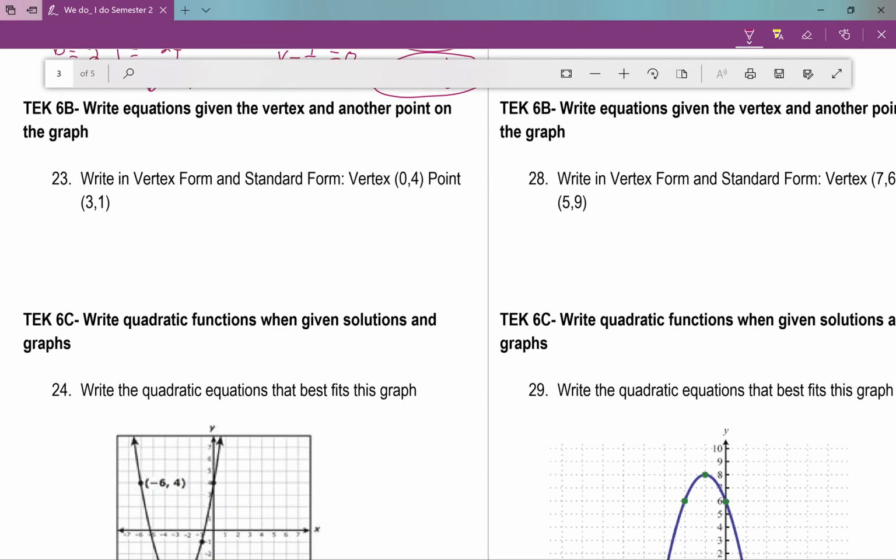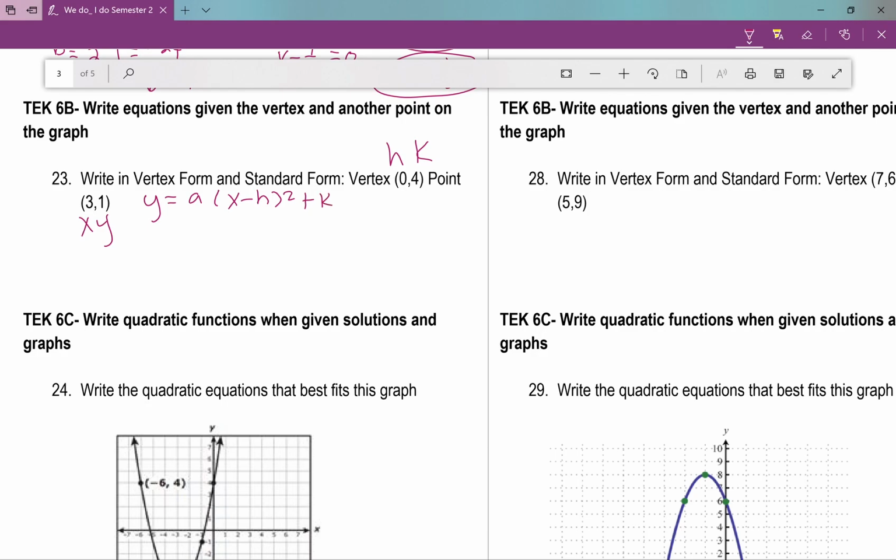Okay, number 23 says write in vertex form and standard form. Gives us the vertex and it gives us the point. So remember, vertex is HK and our point is always XY. And the formula for vertex form is y equals a parentheses x minus h squared plus k.